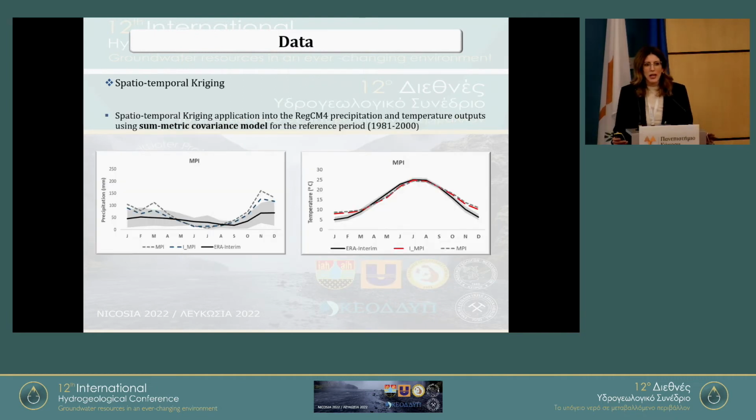Due to the initial differences between the ERA-Interim and the MPI data, spatiotemporal kriging was applied to the RCM output by using the symmetric covariance model for the reference period. As you can see in the diagrams, the application of spatiotemporal kriging led to an improvement of the climate model's output, especially in the case of precipitation.